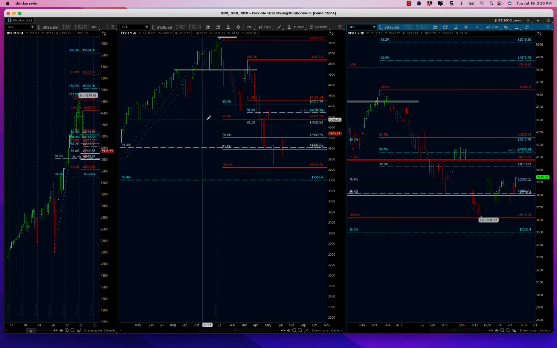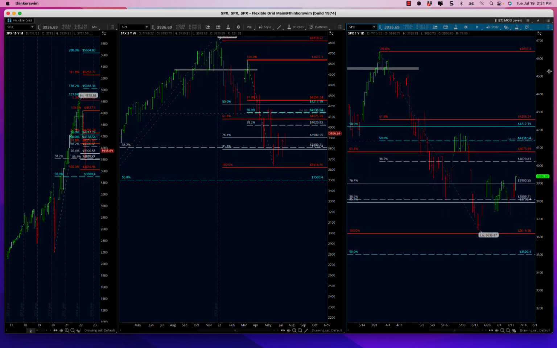So month, week, day gives you your core levels to start from. Now, taking that a step further, we can then start looking at intraday levels, meaning less than a day. And intraday levels of interest to me are always my 4 hour or 195, my 2 hours or 130, my 1 hour or 78, and then occasionally my 15s.